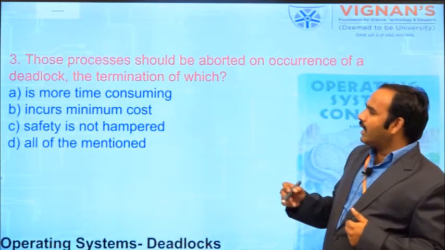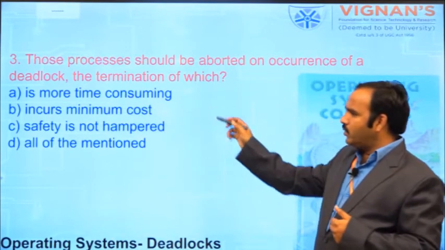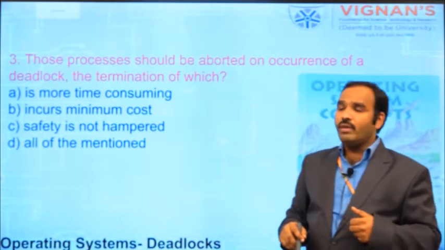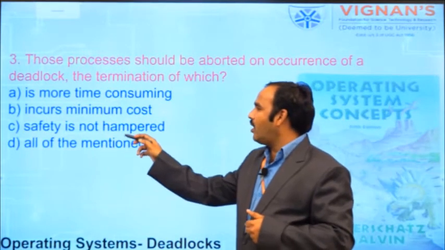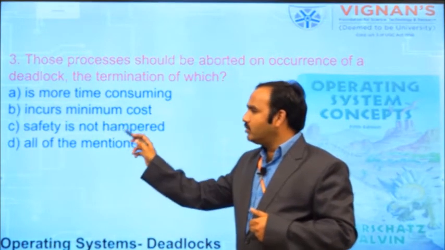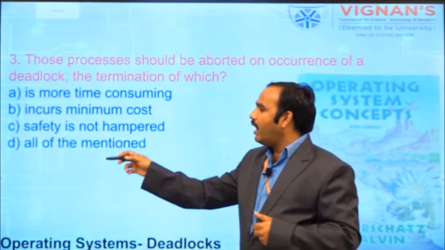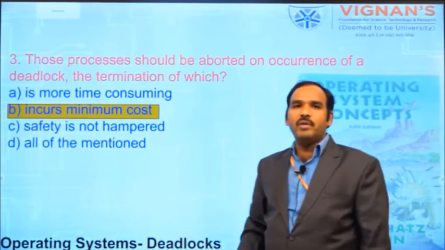So the correct answer for this is: A, more time consuming, is wrong, and B, incurs a minimum cost. C, safety is not hampered, has no connection with this question, and D is all of the mentioned. The correct answer is incurs minimum cost.